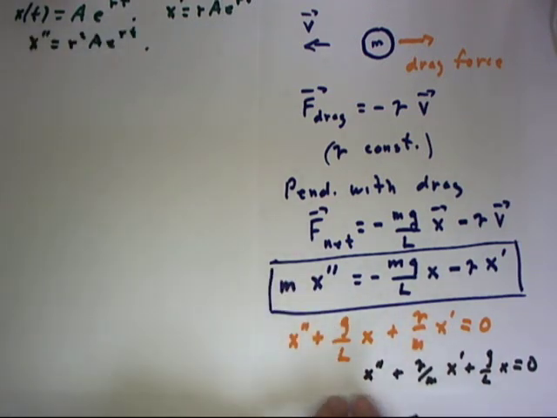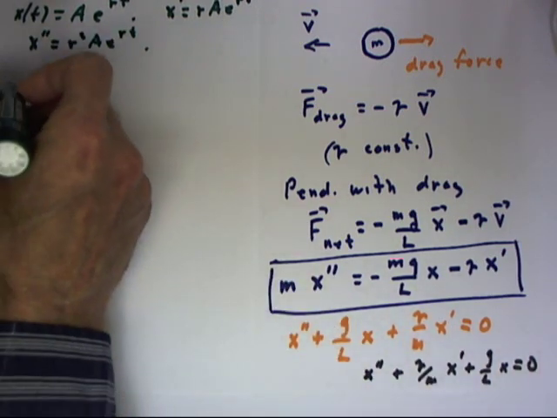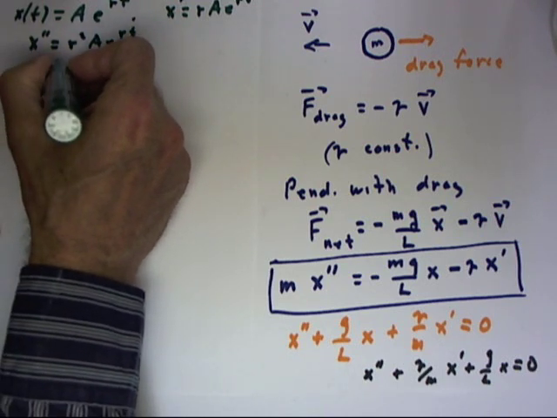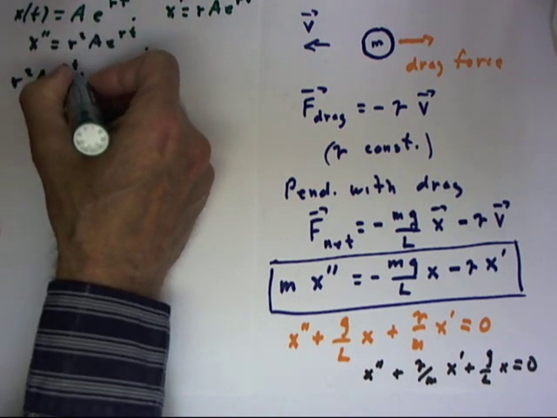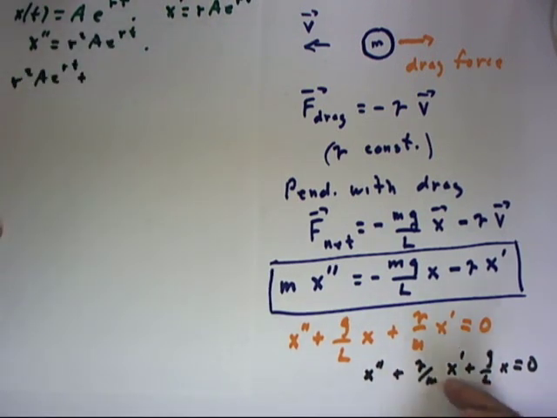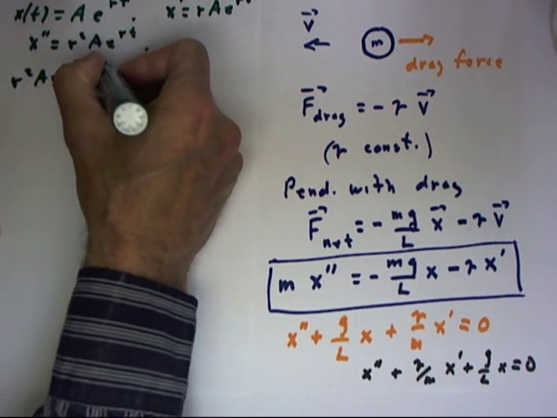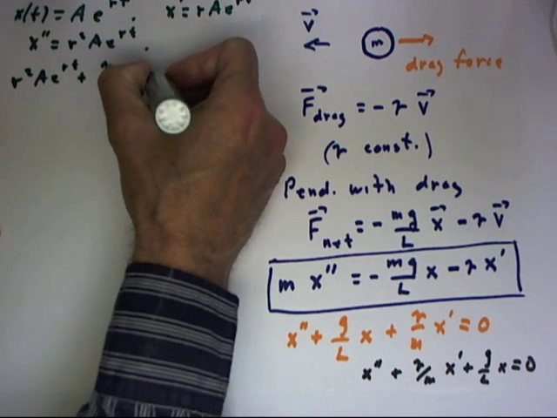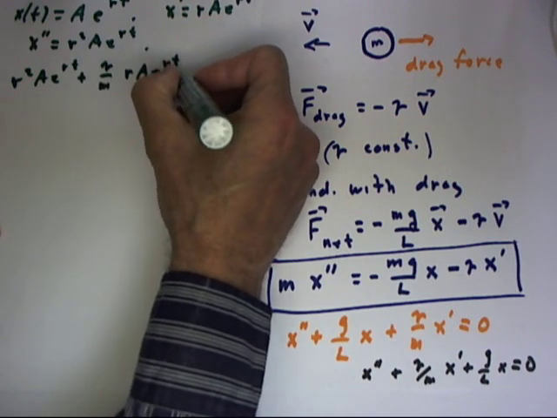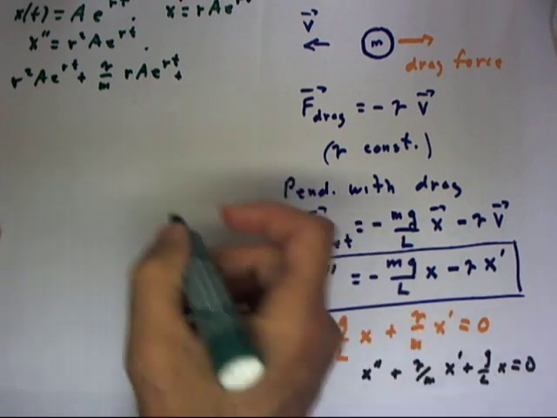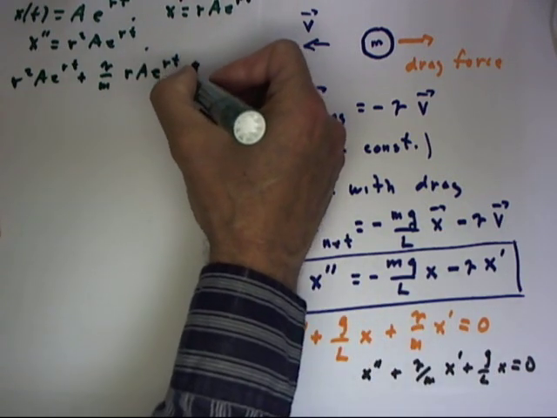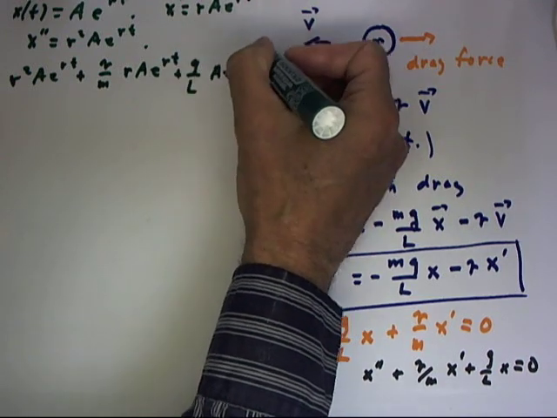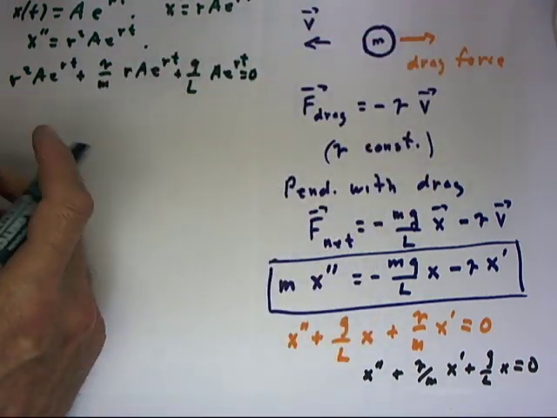Substituting these expressions into this equation, we get r squared a e to the rt, plus we have gamma over m x prime, so that's going to be gamma over m times r a e to the rt, and then plus g over l x, so we're going to have g over l times a e to the rt equal 0.